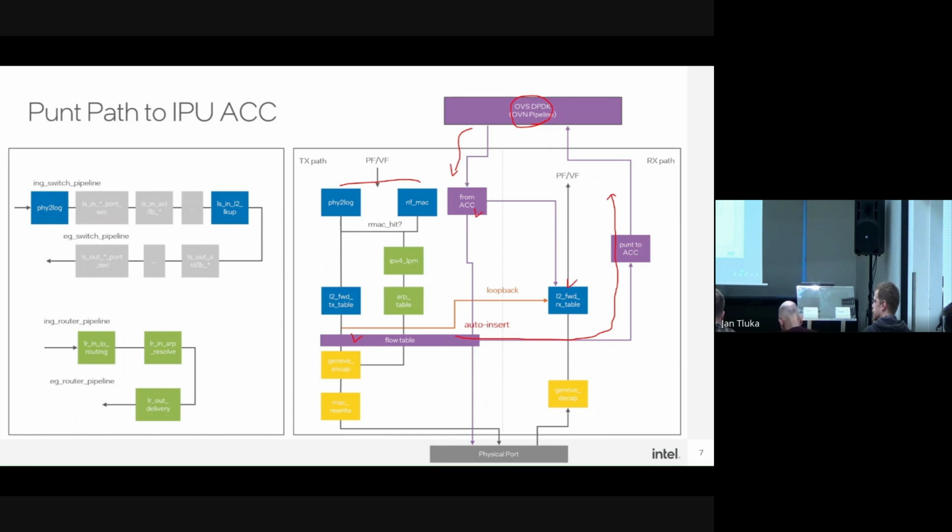If the logical output port is located in a different chassis, then the Geneve packet is re-injected into the IPU FXP, and then it goes straight down to the Ethernet port here.